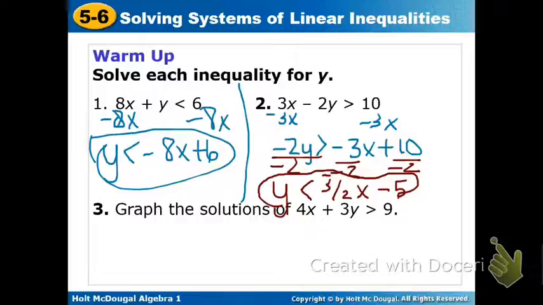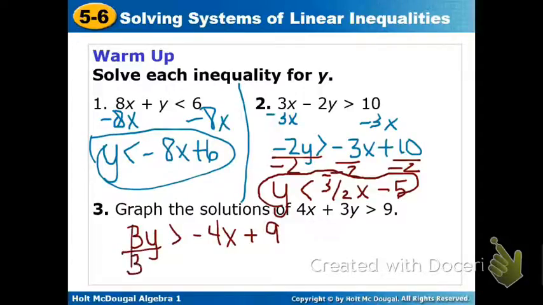Okay, so for number 3, just a quick refresher on the graphing side of these. The first thing is we still have to put it into slope-intercept form, which means y by itself. So let's start by moving the 4x to the other side. So then we'll have 3y is greater than negative 4x plus 9.